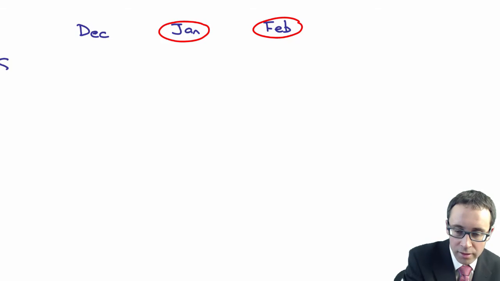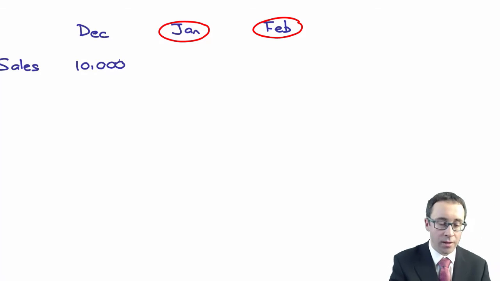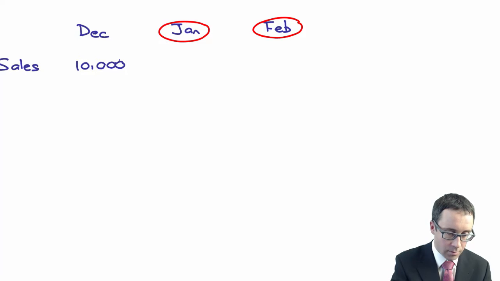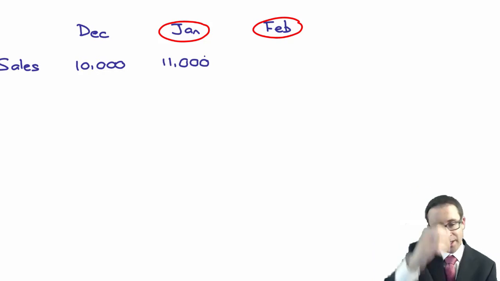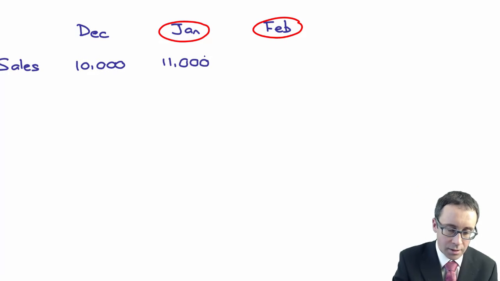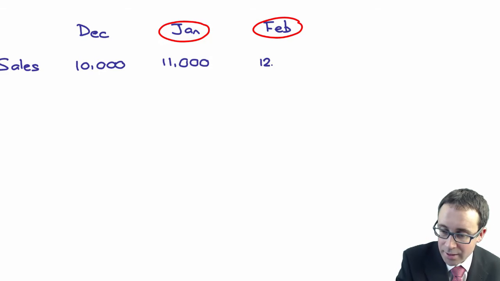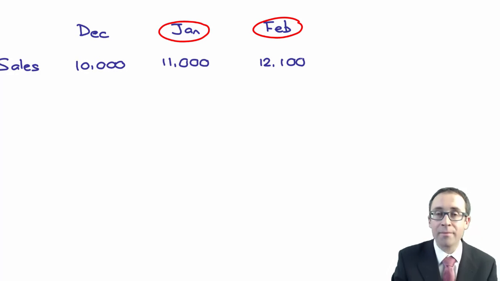So what we start off with is we look at the sales. We were told the sales were 10,000, weren't they? And they were going to increase by 10% each month. Okay. So is that 11,000 in Jan, and is it 12,100 in Feb?